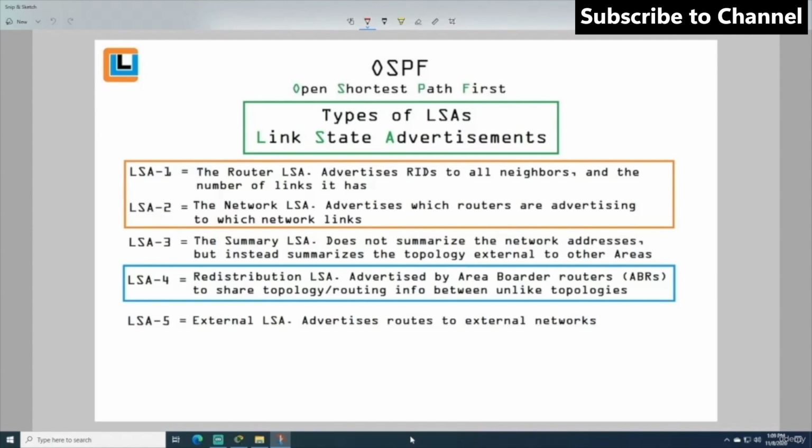Redistribution allows a router to act as an interpreter between the two different routing protocols and allows them to share topology and routing information between each other. And finally, there are Type 5 LSAs. These LSAs are used to advertise routes to networks outside of an OSPF area.